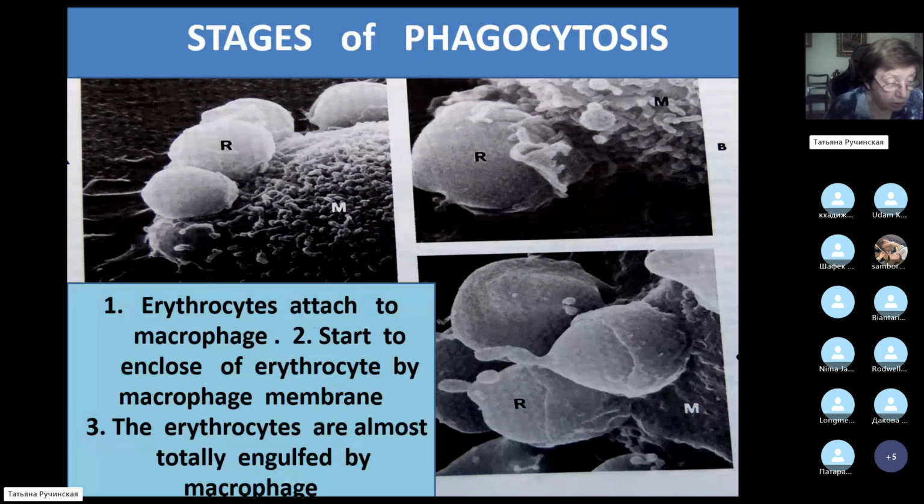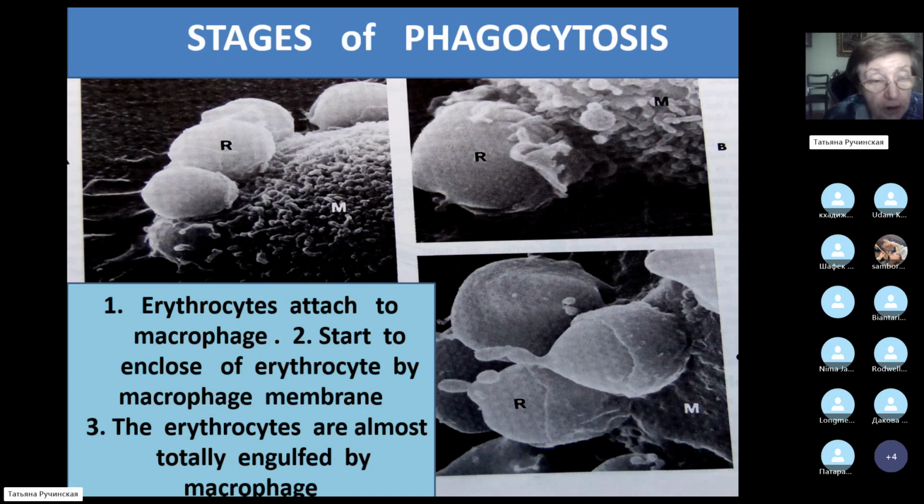You see that the macrophage is the single cell in our organism which can recognize any other cells that are ready to die. And that is why macrophages will engulf them.